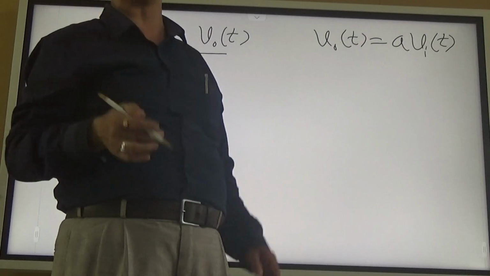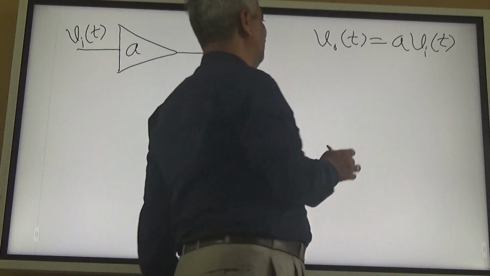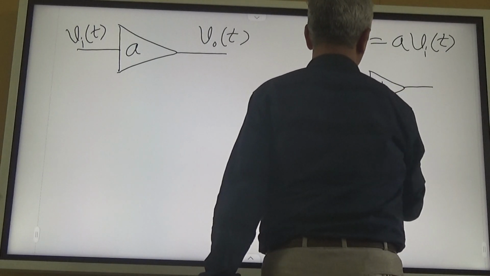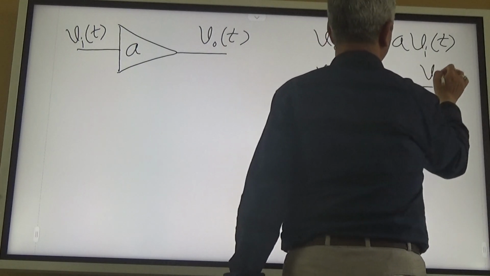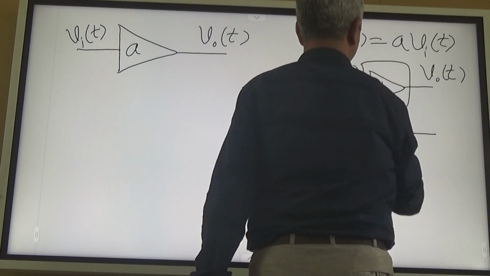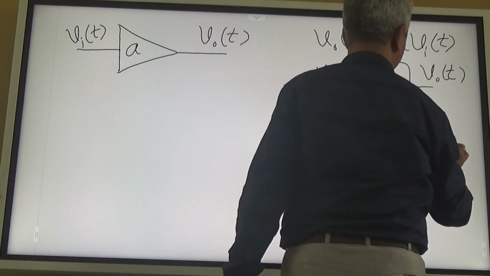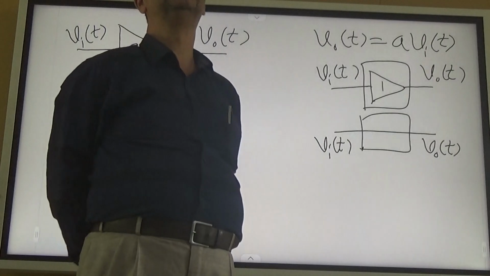Now if A is 1, what will happen? Vout(t) equals Vin(t). Now, can you tell me the difference between these two? What is the difference?